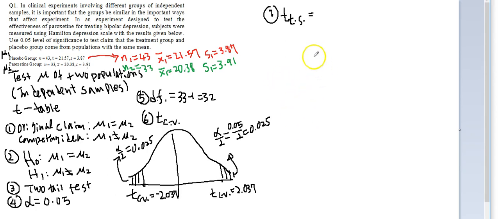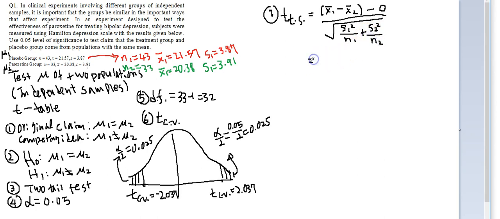So that would be x bar 1 minus x bar 2, minus 0, because mu1 minus mu2 is always equal to 0, right? So we're just going to put that 0 there. And then we have a square root of s1 square over n1 plus s2 square over n2. Alright? So now we're going to find out what that is.